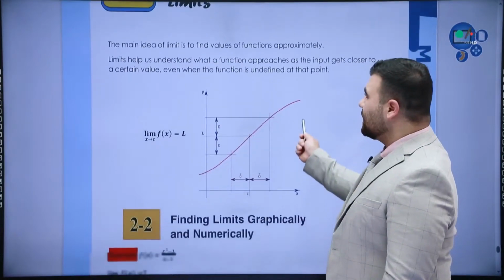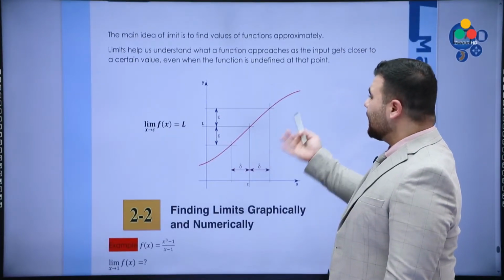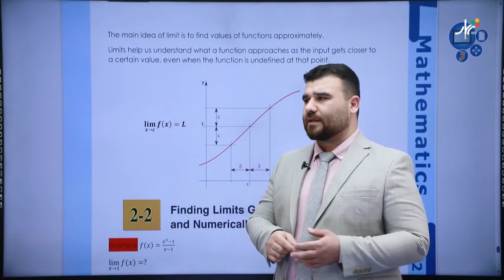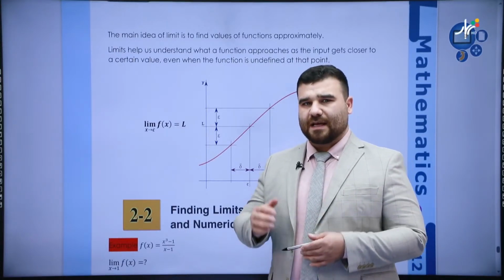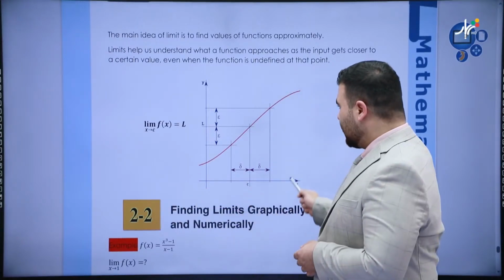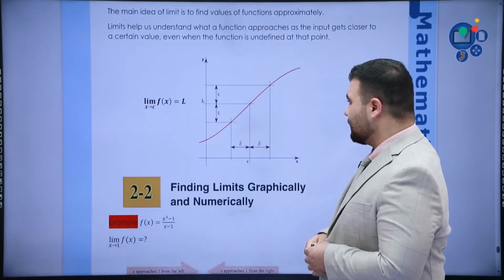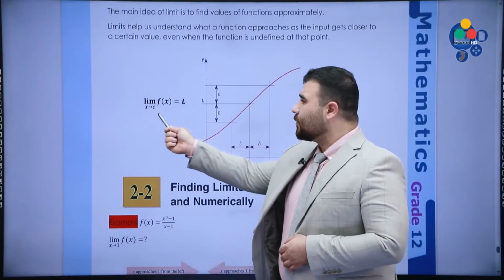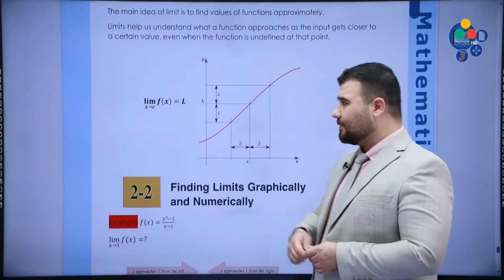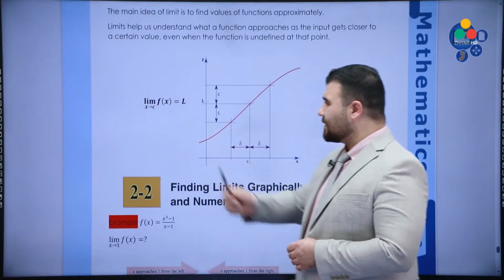In general, limits means finding values of functions approximately, or finding the behavior of the functions as x approaches some certain numbers. If we explain limit on this graph, limit as x approaches c means x getting close to the value c. This c is on the x-axis.